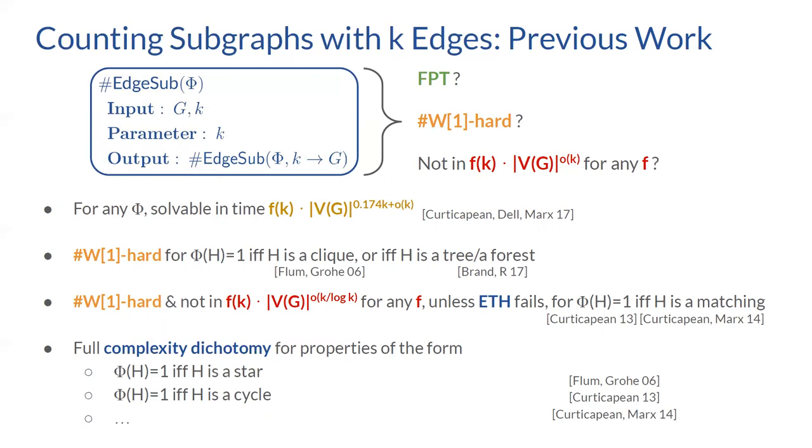There are examples of those properties, but formally, the properties to which this dichotomy theorem applies are those that satisfy that for each k, at most one k-edge graph satisfies phi. This is, for example, true for the property of being a star or a cycle, but also for the property of being a matching or a clique.